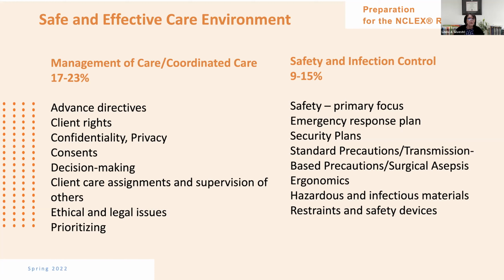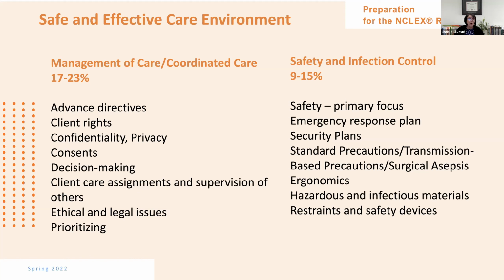Now, your comprehensive review book is set up to address all of the activities that are listed in your NCLEX test plan. If you go to those beginning chapters, I think chapters 6 and 7 of the book, all of these concepts for management of care are in those chapters. So you want to read those, and you'll be all set. Practice those questions.